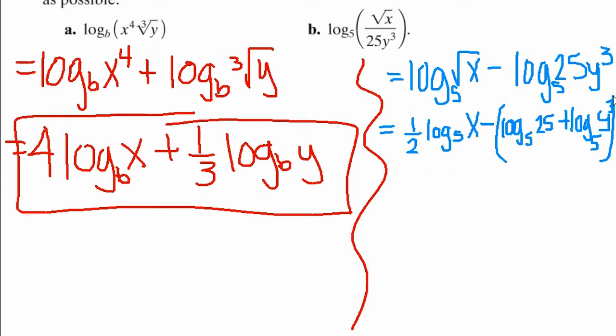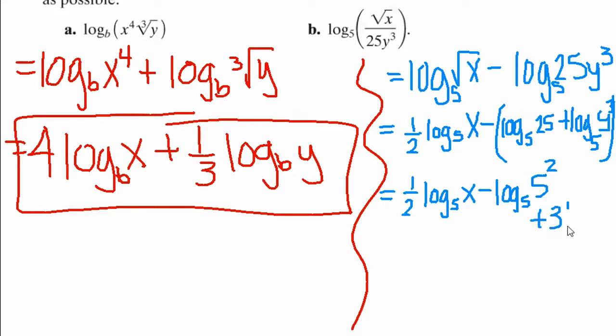All right, and then I get 1/2 log base 5 of x minus log base 5. Instead of 25, I'm going to write that as 5 squared plus, and I'm going to bring down the 3 log base 5 of y. Oh, wait, that's not plus. It's not plus because I had to distribute the negative.